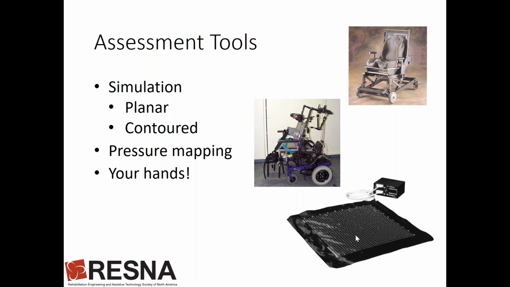It sends an image to a computer of the perpendicular forces, and it can show you where there might be hot spots. Sometimes the hot spots validate, yep, that person has a left IT sore. Sometimes it says, oops, this is a high area, and if they don't have a sore, there's a very high chance of getting a sore in that area. So we use it for a lot of problem solving and a lot of cushion selection and a lot of pressure management.